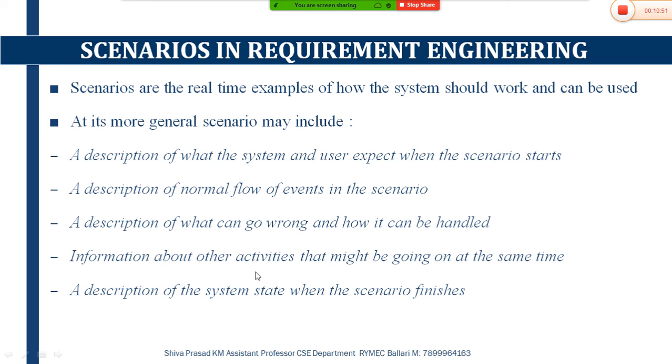After writing all these things, similarly, information about other activities. Information about other activities is nothing but that the record may be consulted but not edited by other staff. So as soon as the doctor can see the application of a patient, he can't edit that application.